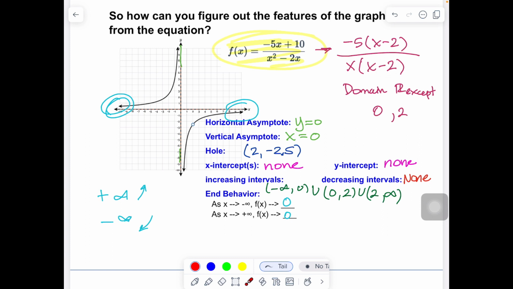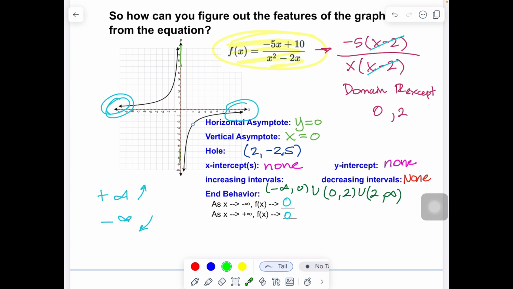And you might be thinking, hopefully, wait a second, that x minus 2 actually cancels out. The fact that it canceled out is what makes it a hole and not an asymptote. If it didn't cancel, like the x didn't cancel, it is an asymptote. If it does cancel, like these canceled, then it is just a hole.